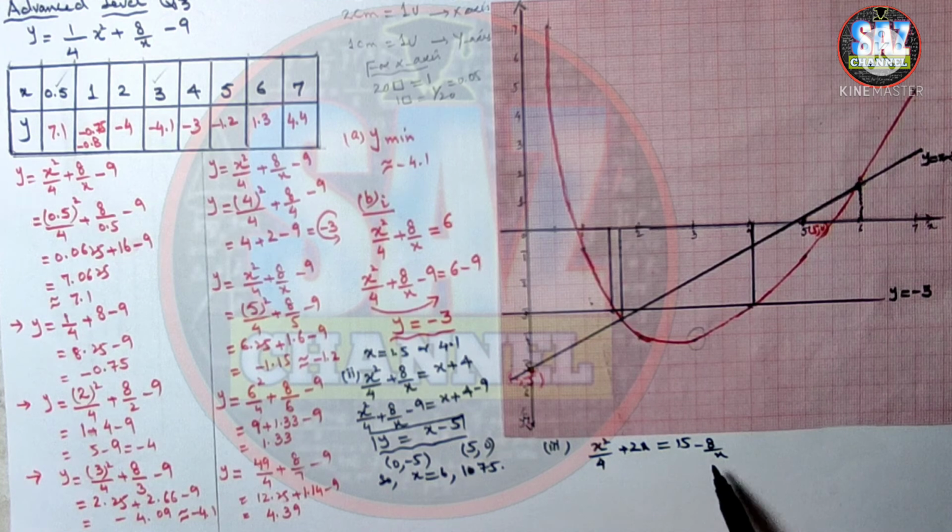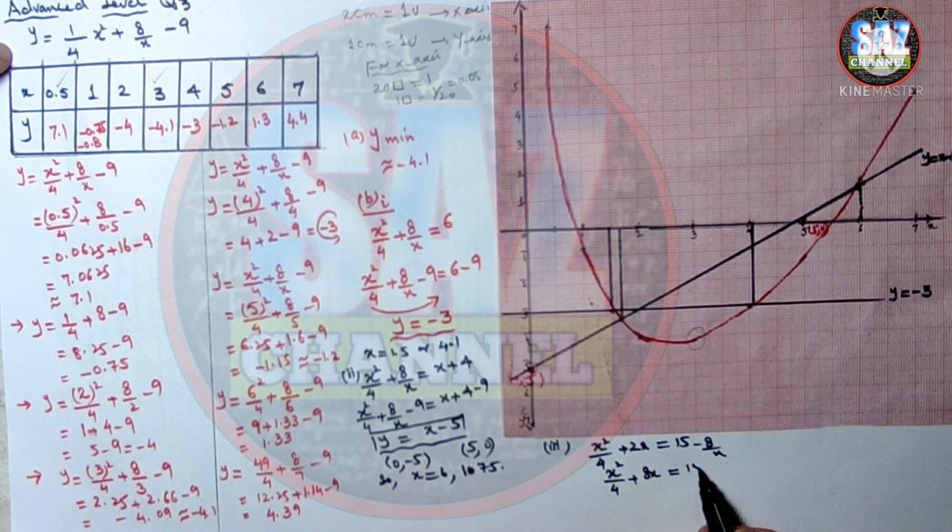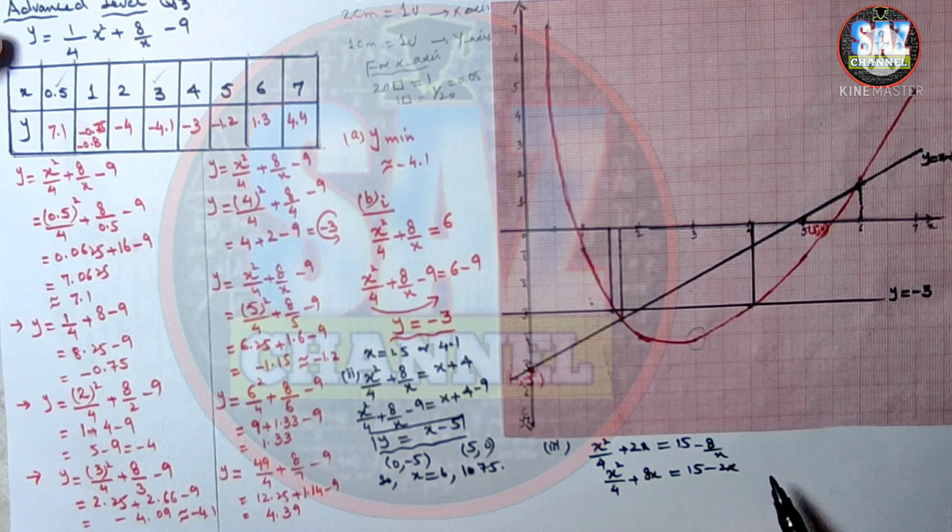First of all we have to bring our equation into the original equation form, and if we look at the original equation we can see that this 8 over x is not on this side, so shift it to the other side. x squared by 4 plus 8 over x equals 15 minus 2x, and now we need minus 9 as well, so add minus 9 to both sides.